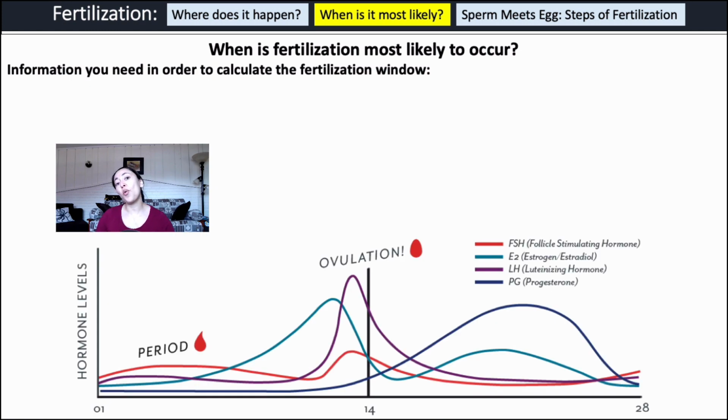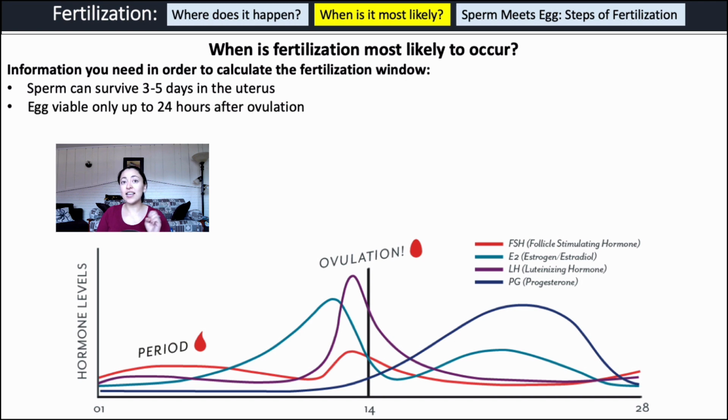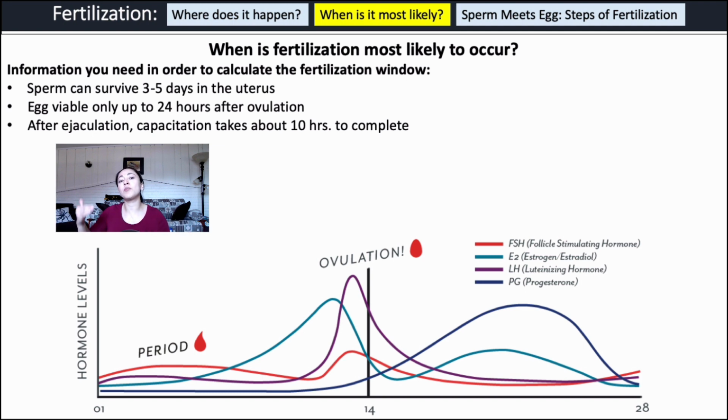So now let's answer the question, when is fertilization most likely to occur? Let's compile the information that we need in order to calculate the fertilization window. First, you have to remember that sperm can survive 3 to 5 days in the uterus. Second, it's important to remember that the egg is only viable up to 24 hours after ovulation. And third, after ejaculation, capacitation must take place in order for the sperm to be capable of penetrating the egg, and this usually takes about 10 hours to complete after ejaculation.